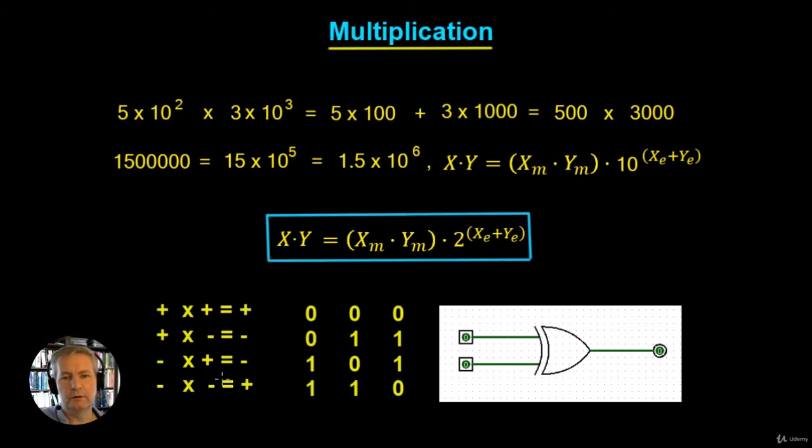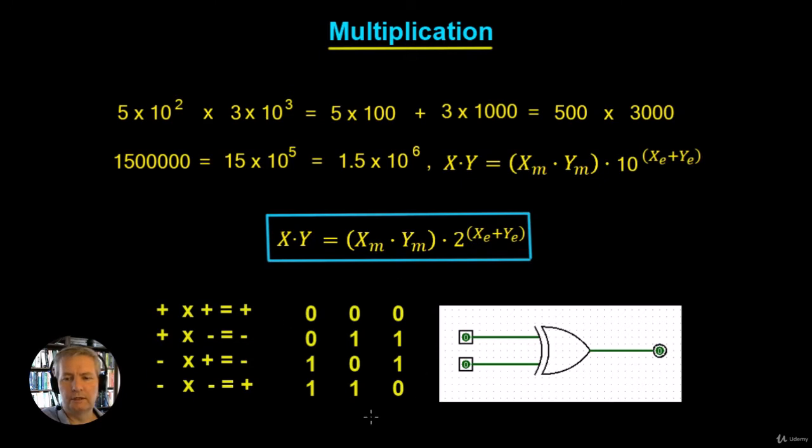We know in our floating point number system that a positive number is given by the number 0 and a negative number is given by the number 1. So we can just replace the plus and the minuses here with a little truth table. 0 times 0 would give us a 0, 0 times 1 would give us a 1, 1 times 0 would give us a 1, and 1 times 1 would give us a 0.